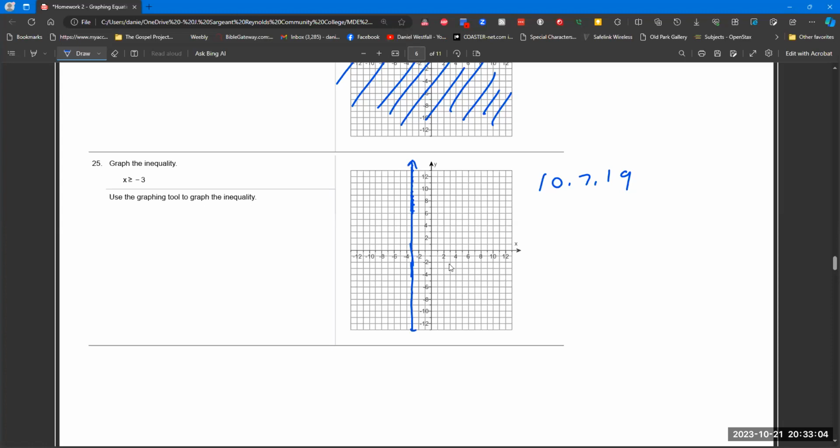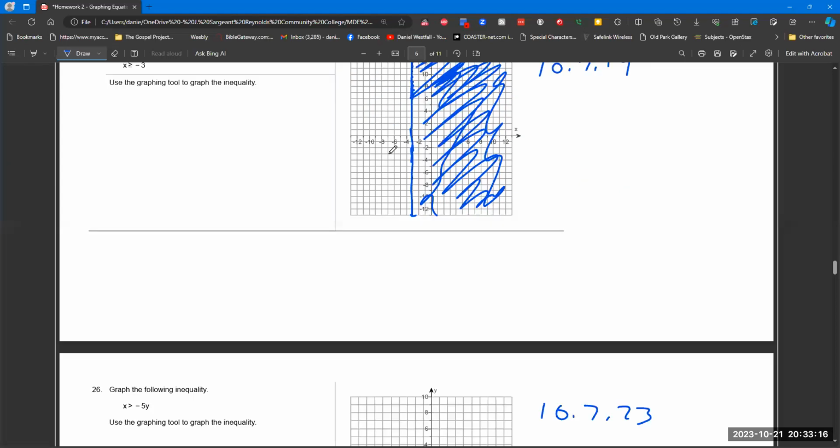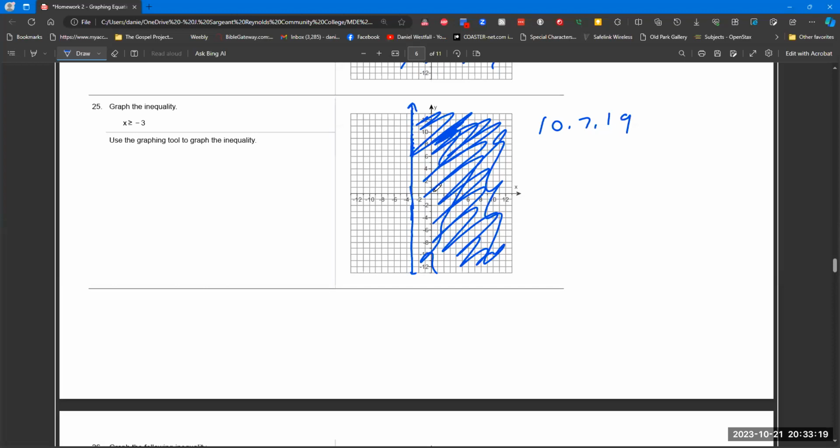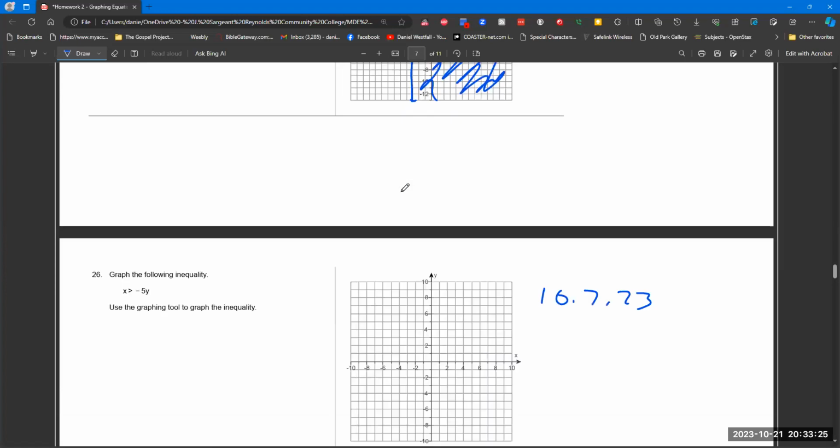And x greater than -3, values that are greater than in the x direction are to the right. So I'm going to shade to the right. Again, go ahead and test a test point if that's easier for you. I could have tested 0, 0. 0 is greater than -3, so I would have shaded on the true side.